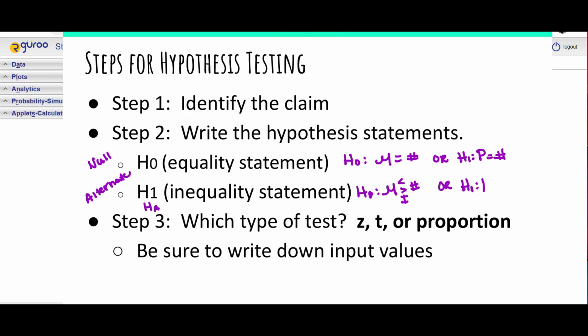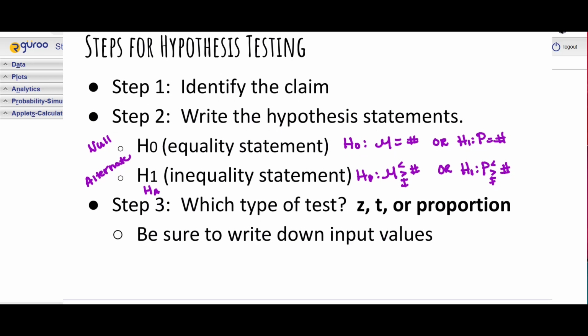It is the proportion is less than, greater than, or not equal to some number. And then if you'll recall, the numbers in the two hypothesis statements need to match.